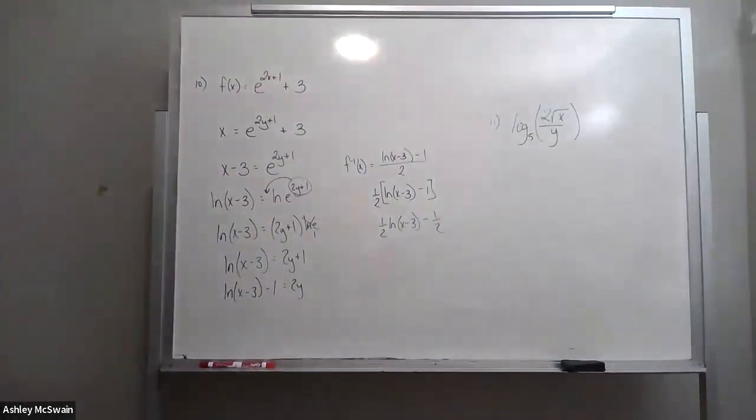Using our properties. So to expand into a sum and difference using our properties, we need to remember that if I see multiplication, that would go to addition between. If I see division, that would go to a minus.